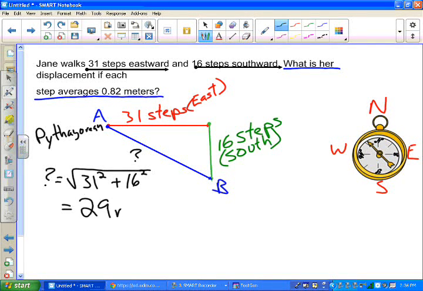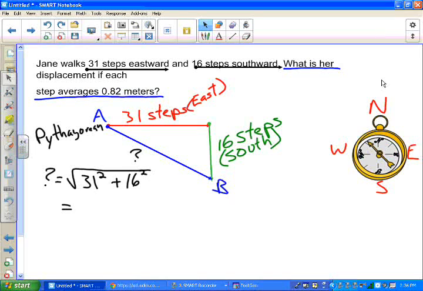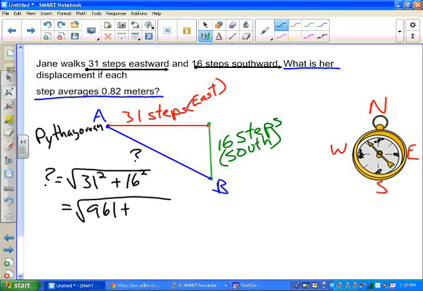So what Mr. Adams chose to do is I did the steps first. So I'm going to keep everything in steps, and then when I get to the end, I'll convert everything over to meters. Perfectly legitimate. It'll be fine. So what I'm going to do now is 31 squared is actually equal to 961 plus 16 squared, which is 256.